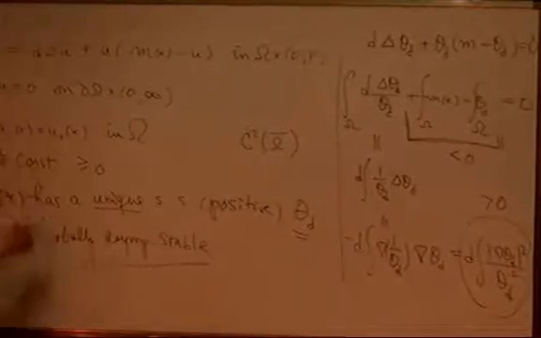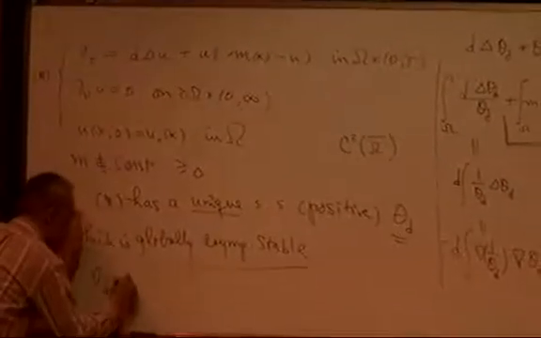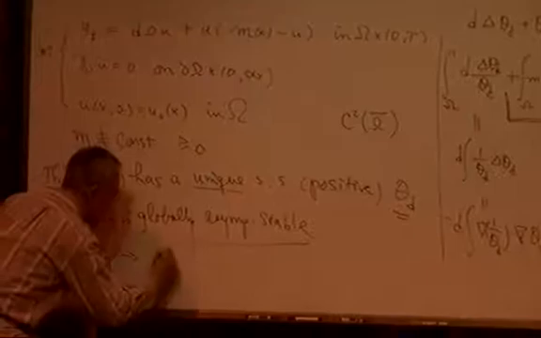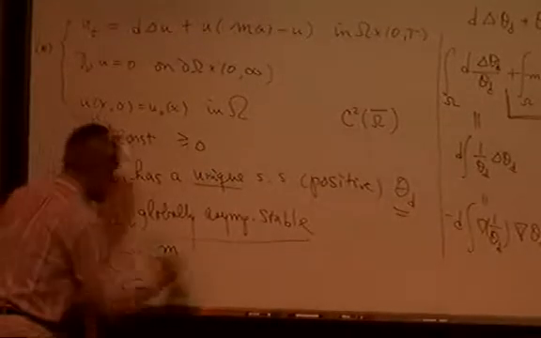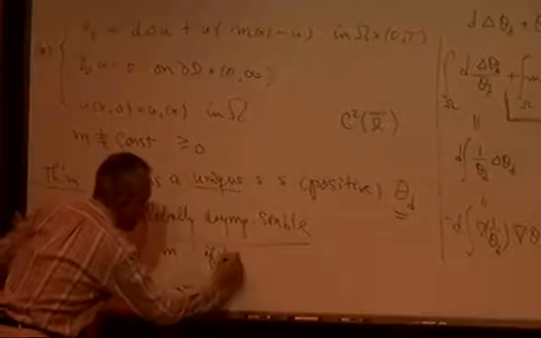For this theta d, you can actually prove, this we will probably not prove here, I probably won't have time, you can prove that theta d has the following property. I write it down here. Theta d goes to m pointwise or uniformly if d goes to 0.